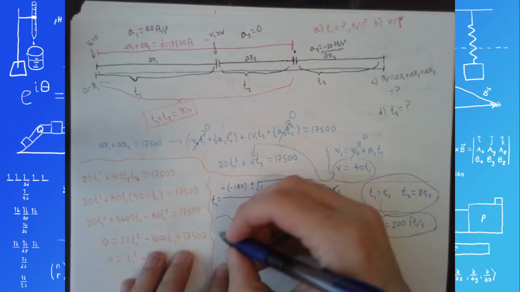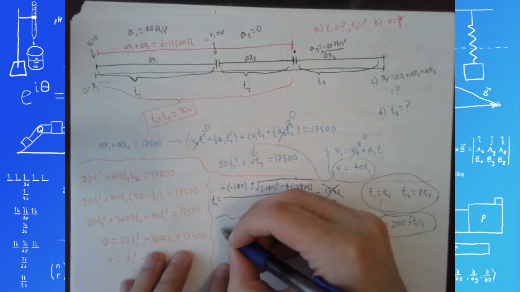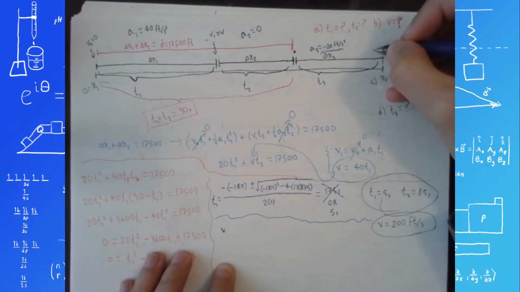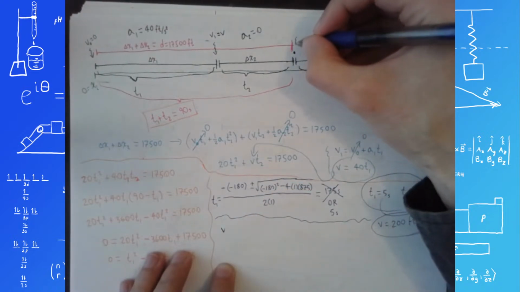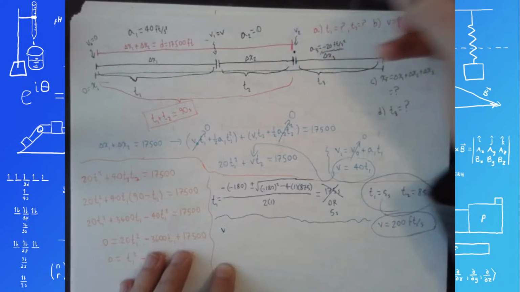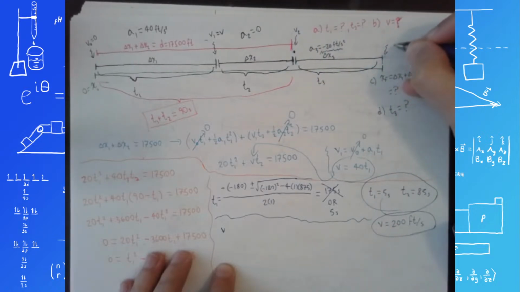That's just the quick math, but of course we can also just use our traditional approach with our equations. V, I guess this would be over here, this would be V2, the way we name our velocities, and this would be V3 equals 0.